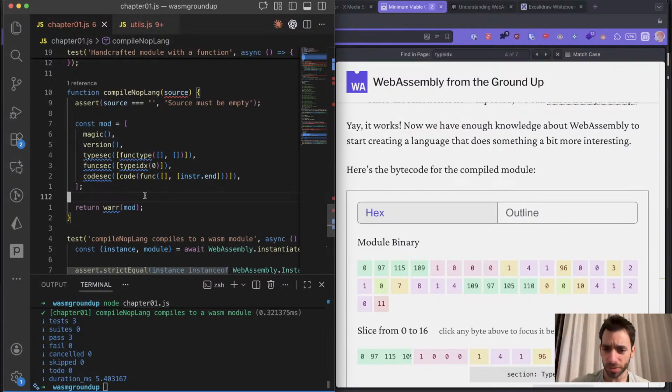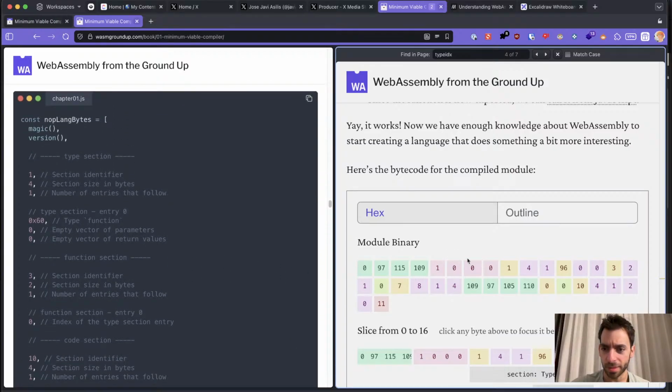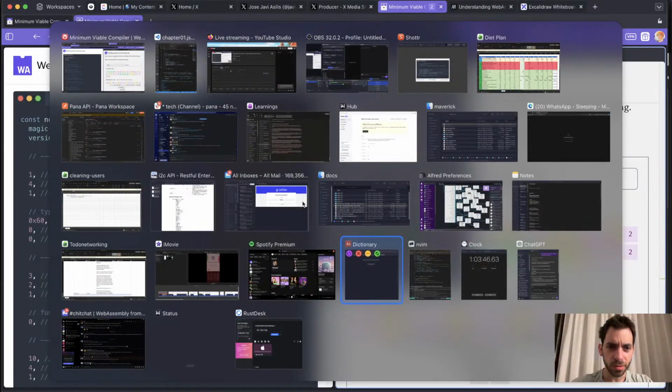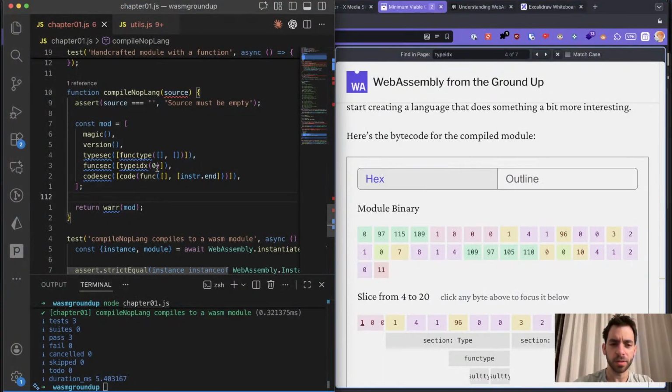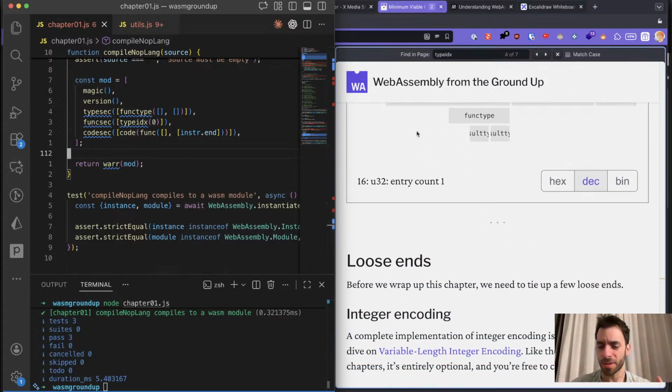We start with the magic, the version, which is four numbers that we defined earlier, and then the type section, the function section, and the code section. Each of these sections is already labeled, so they need to follow a certain order, so the compiler understands and is much more efficient at parsing. The more predictable it is, the fewer things we need to take into consideration.